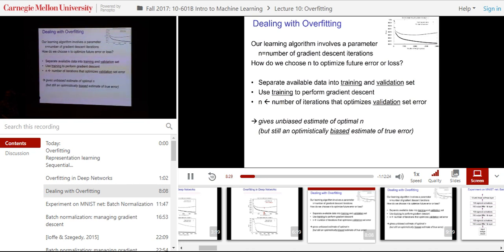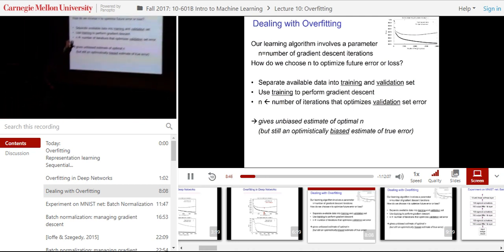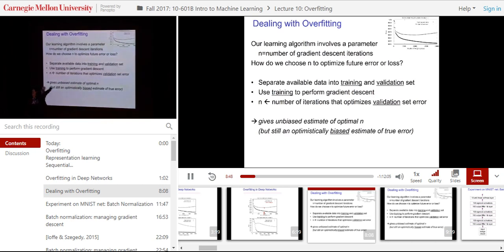So if you have a computationally intense training algorithm or a data set, then doing leave one out cross-validation may be too expensive. But here's a reasonable approach even in that case. Use the training data to drive learning, use the validation set to decide basically when to stop training.